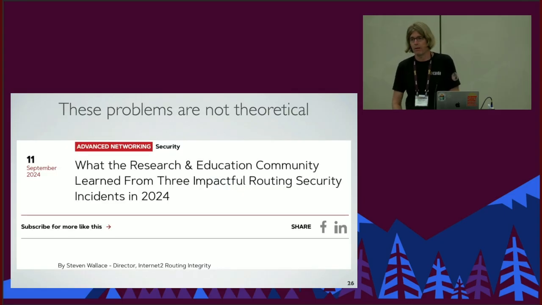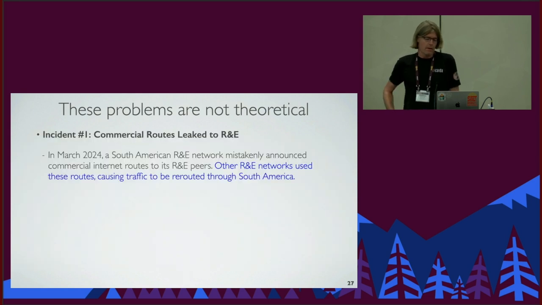And these problems are not theoretical. Steve Wallace at Internet2 has written a number of blog articles that I'm going to highlight. One of them highlighted 3 impactful routing security incidents in the last year, where in one case, commercial routes were leaked into R&E.